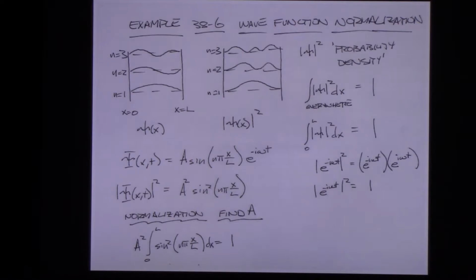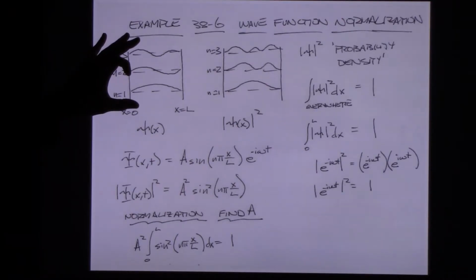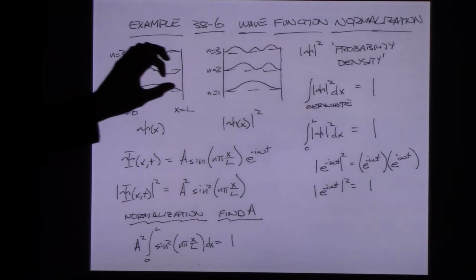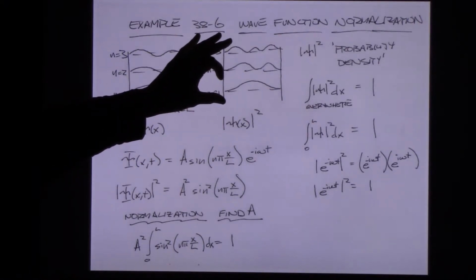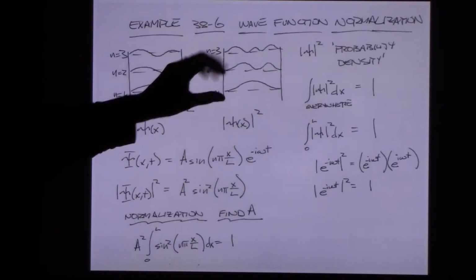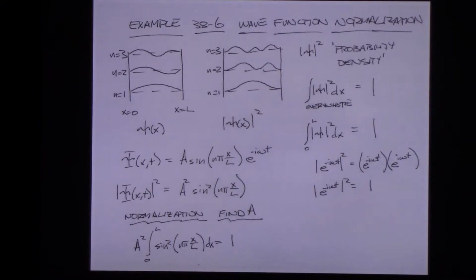So we said that the wave functions contain all the information about the particle. The wave function squared tells us how the probability of finding the particle will vary from one location to the next.